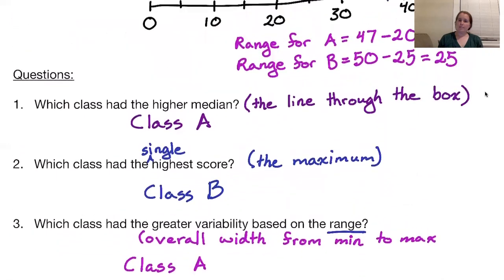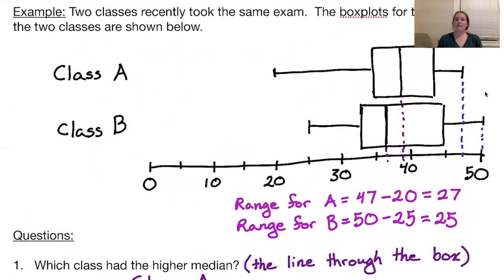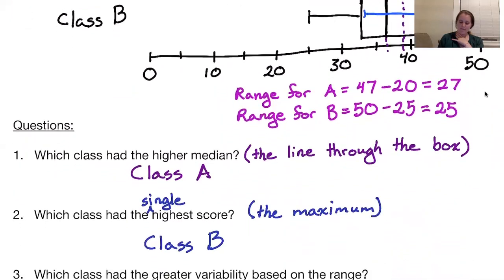Scrolling back up, we don't even need to do any calculations here. It is clear that class B's box is wider. Class B's box spans lower and higher than class A's box. So class B has the larger IQR.